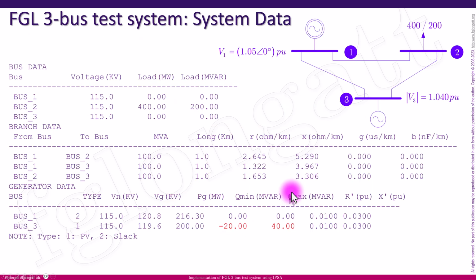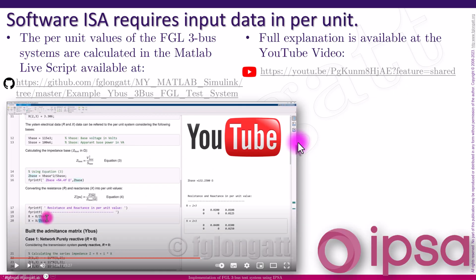Well, if you go to the ResearchGate repository, there is a file over there with the data of this FGL 3-bus test system. You must remember that this data is provided using ohms per kilometer for the resistance and the reactance. And this was also discussed and presented before.